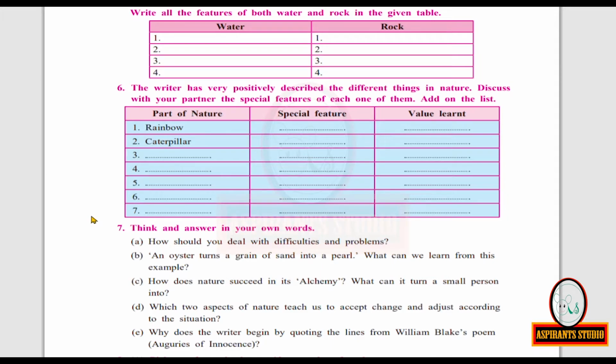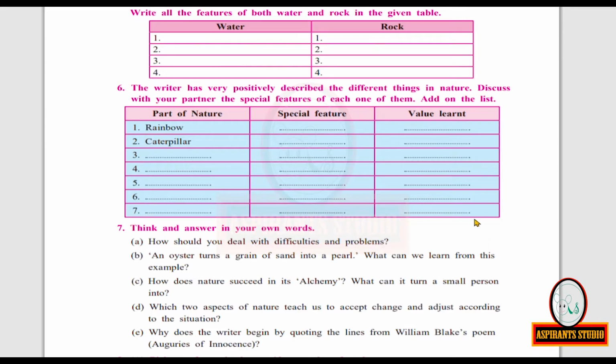Now, the seventh one, you can write water. Special feature, perseverance, determination, humility.